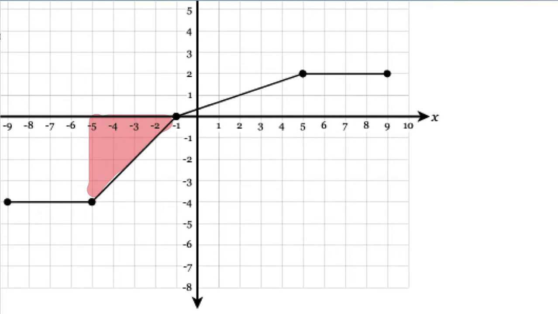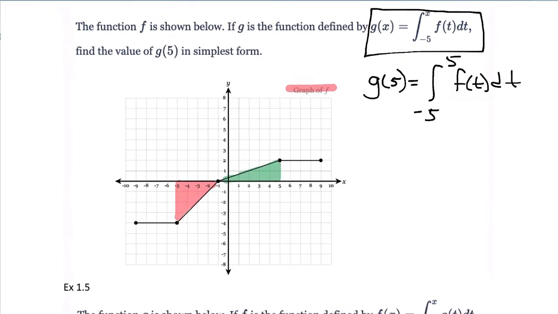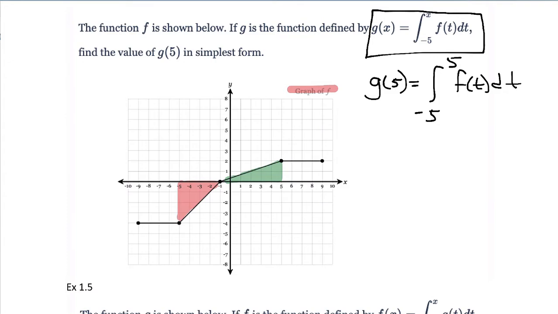Now I'm going to highlight these in colors because I want you to think about what's happening. Notice that this is the graph of f. So when we integrate, since in this part f is negative, and in this part f is positive, when we think back to our chart, that means our integral needs to decrease, and then our integral needs to increase in value.